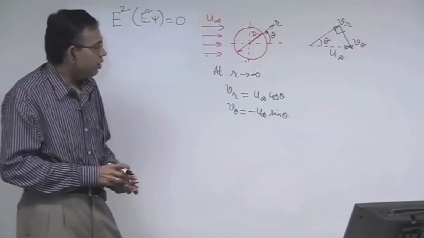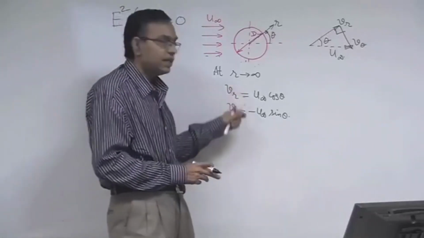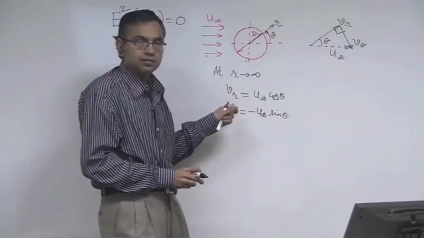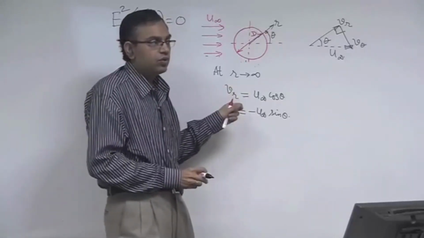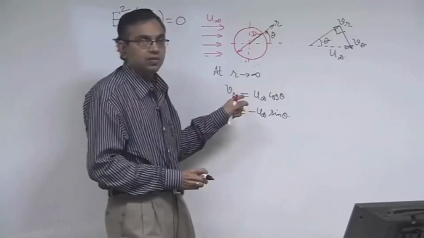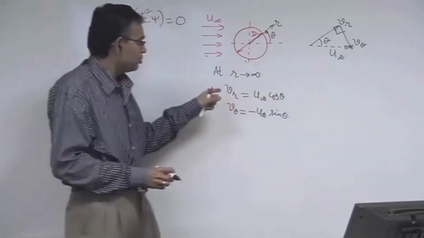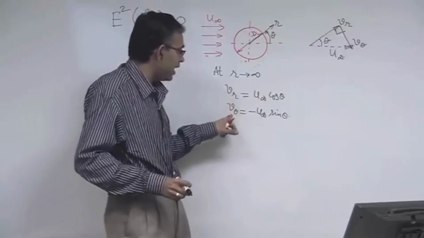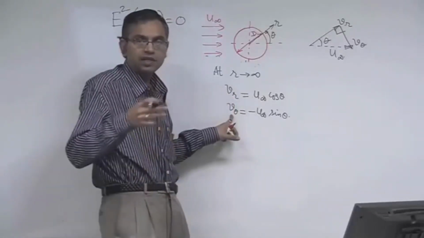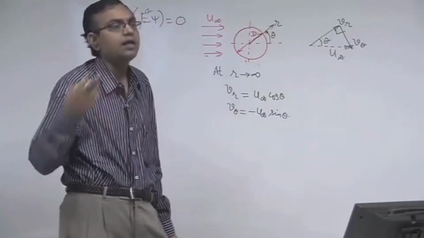So, now the next step is we will write this Vr and V theta in terms of the Stokes stream function, and then we will solve for the stream function at r tends to infinity. So, we need to now express Vr and V theta in terms of psi. These expressions for the r theta coordinate system are quite involved.